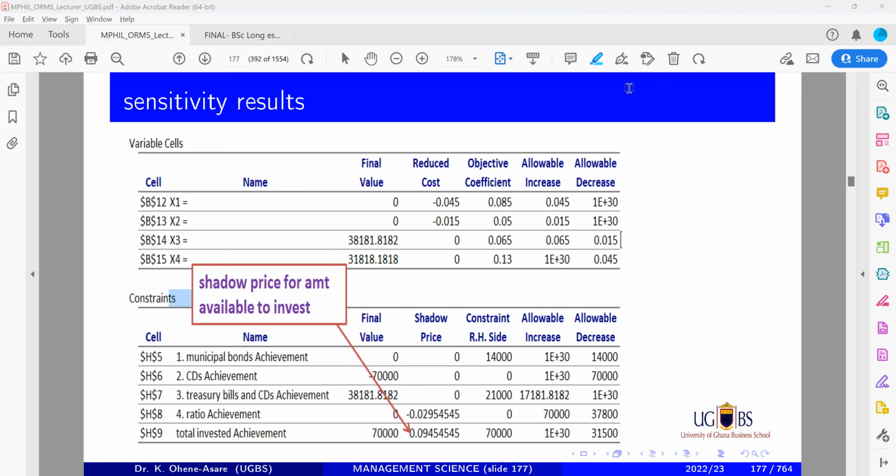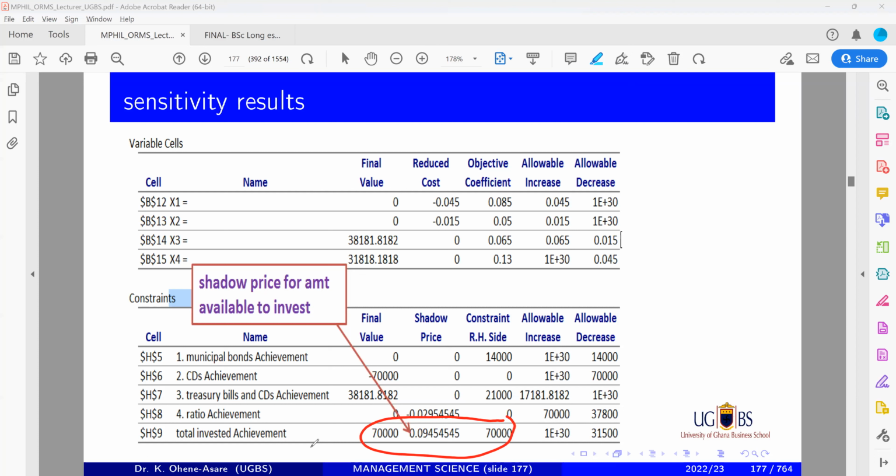If we look at the constraints table under total invested achievement, the final is 70,000, which is the entire value of what we had available to us.